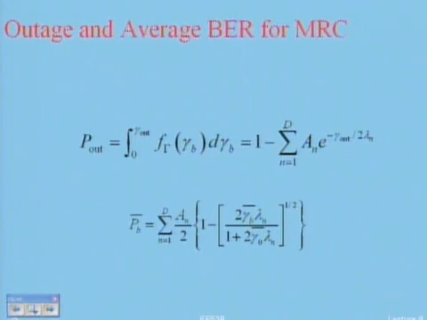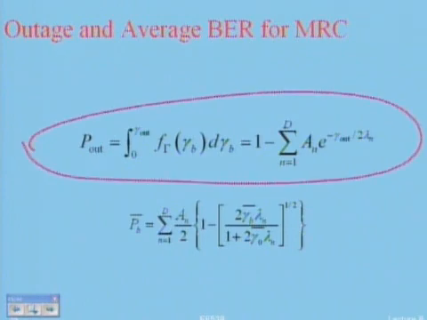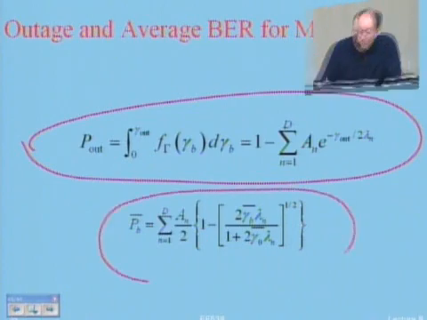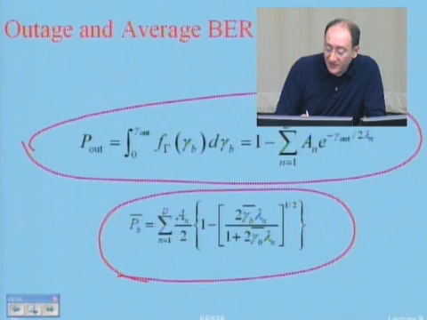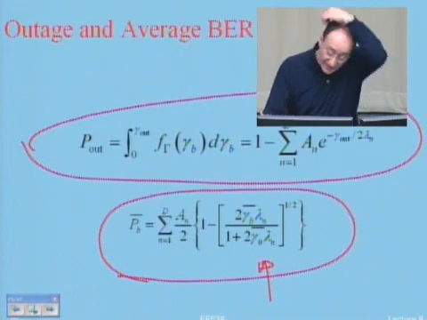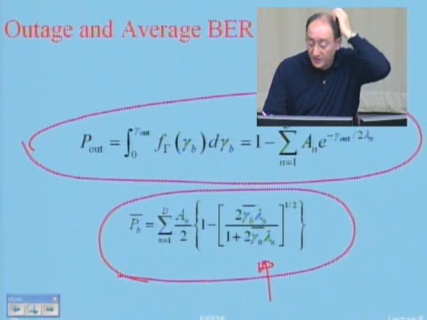that if you go for probability of outage, you can also show that probability of outage is given by this thing. This one was what? Bit error rate. If I replace those values inside, the A sub n's inside, this would be my probability of outage.